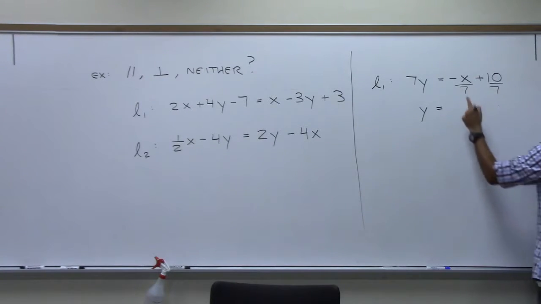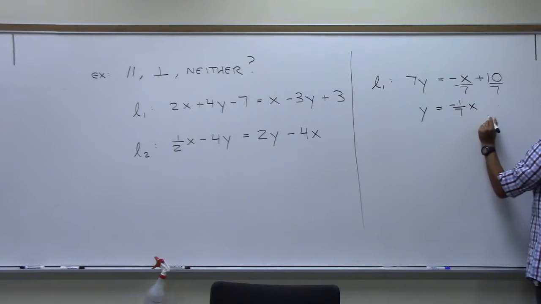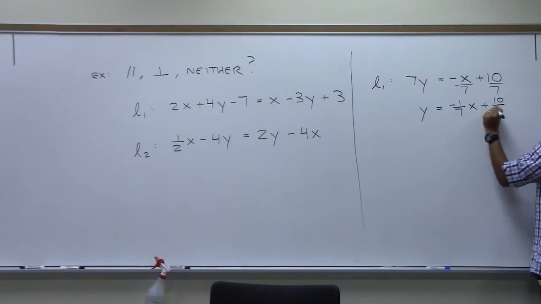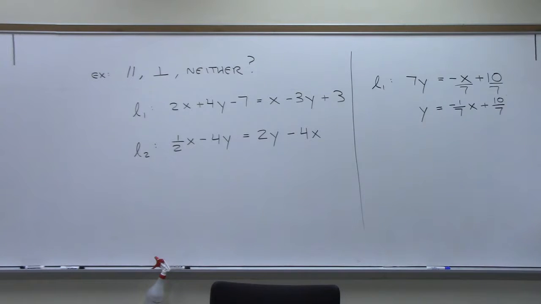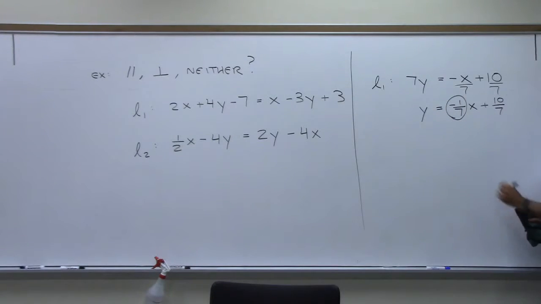And when I do that, I'm going to write it as negative 1 over 7x plus 10 over 7. That just helps me see the slope a little better by writing the fraction this way. Questions? We're good? That's the slope of line 1, negative 1/7.